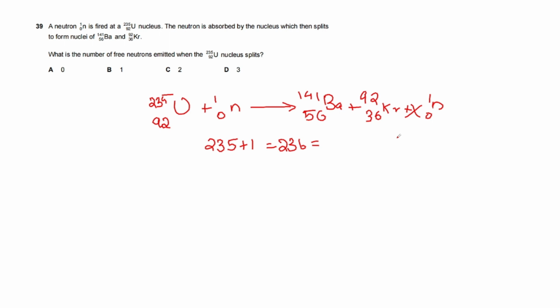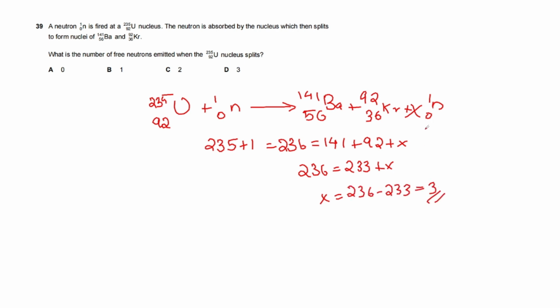That must be equal to the right hand side, which is 141 plus 92 plus this X value. So 141 plus 92 is 233 plus X. X is equal to 236 minus 233, which is 3. So 3 neutrons are emitted. So option D is the answer.